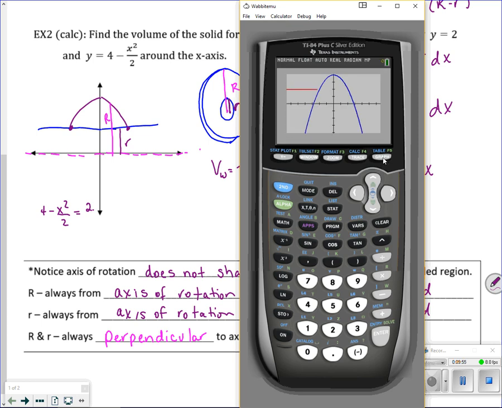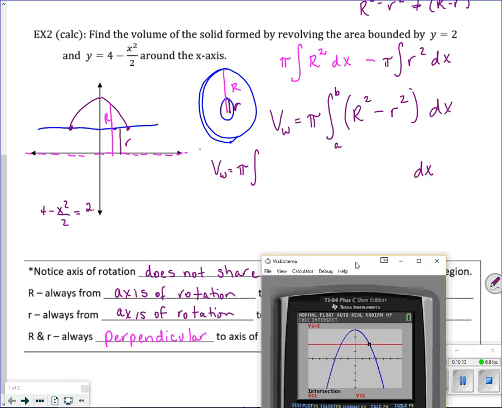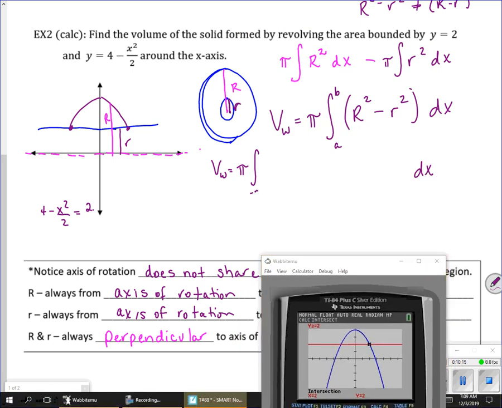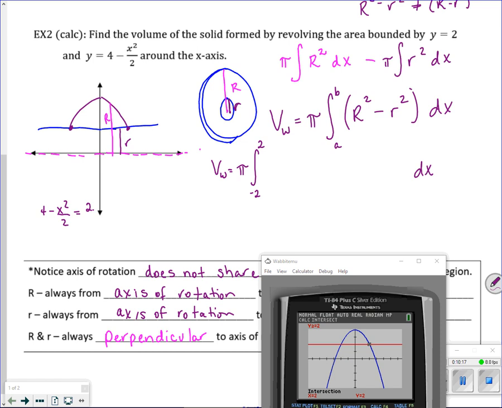And I certainly could find the x values of those intersection points by doing second calc intersect. And these end up being pretty nice. So I'm going to get 2 and -2. So whichever way you have to do that, you can. So my bounds are -2 to 2.